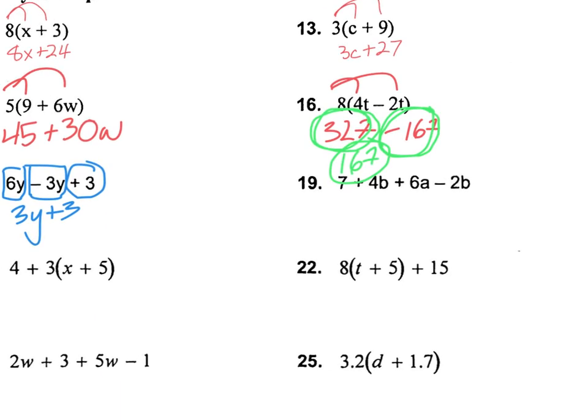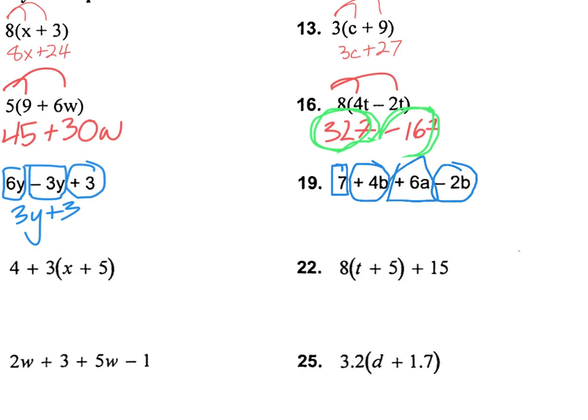Okay, looking at number 19, we have things that are in the same family. We have the 7, and that's it. Then we have the 4b that's in its own, in this family with this one. And then we have this, that's kind of a triangle.